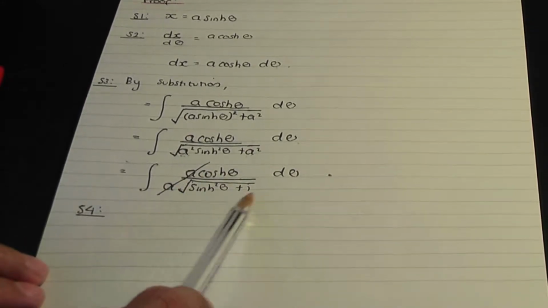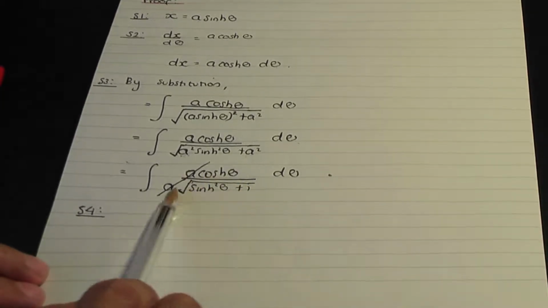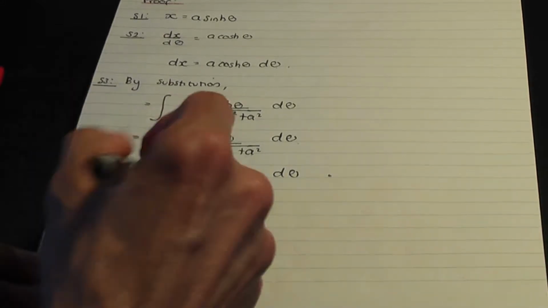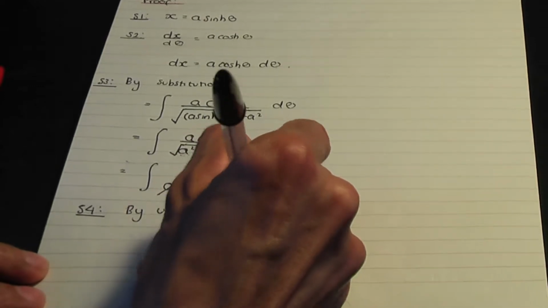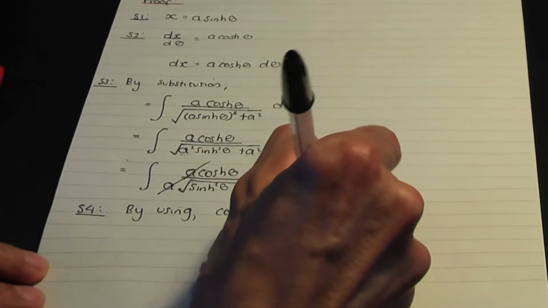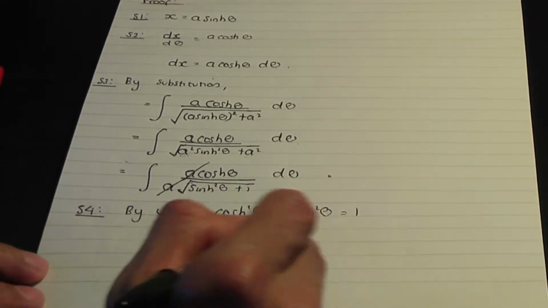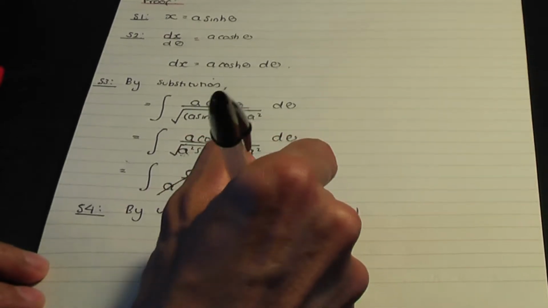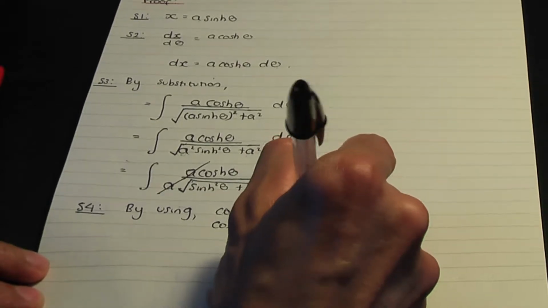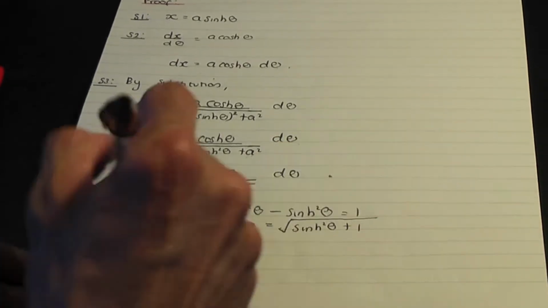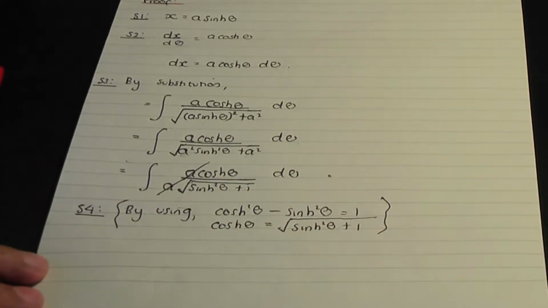So I'm going to be using a hyperbolic identity to simplify, or to replace, the root term here, and the identity that I'm going to be using is hyperbolic cos squared theta minus hyperbolic sine squared theta is equal to 1. The reason being is if I rearrange this, hyperbolic cos theta is precisely the root of hyperbolic sine squared theta plus 1. So it's precisely this root term, when we rearrange.